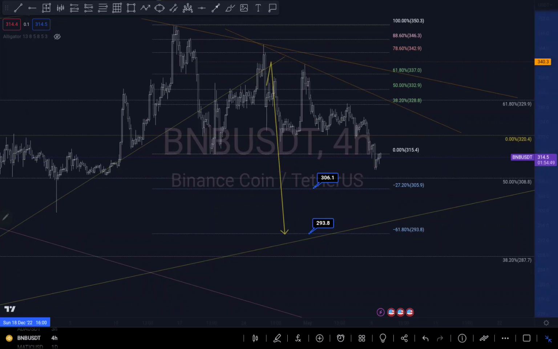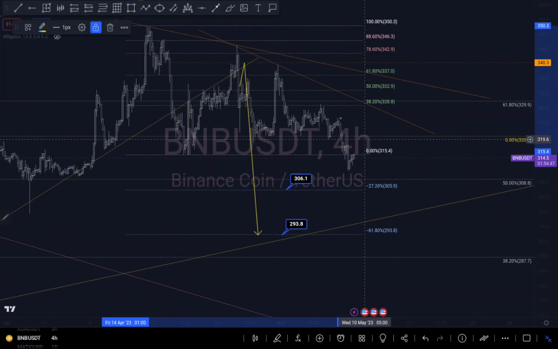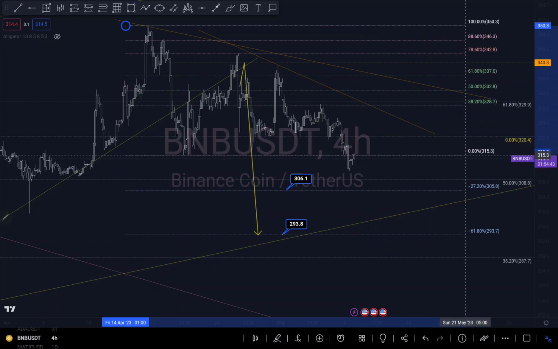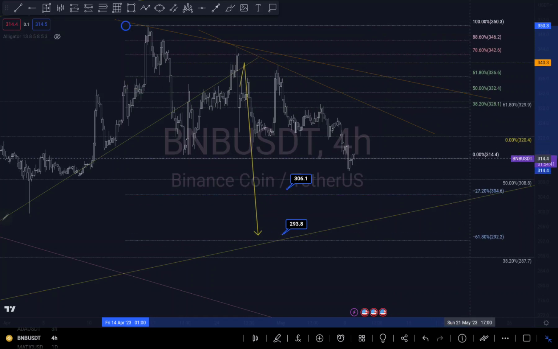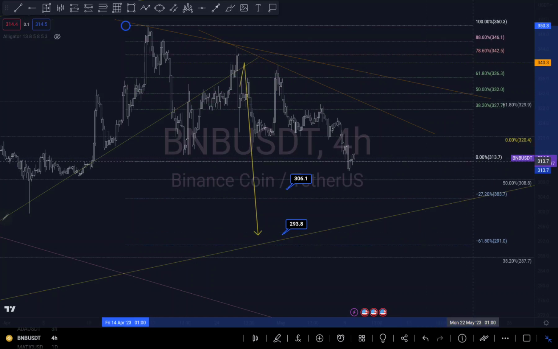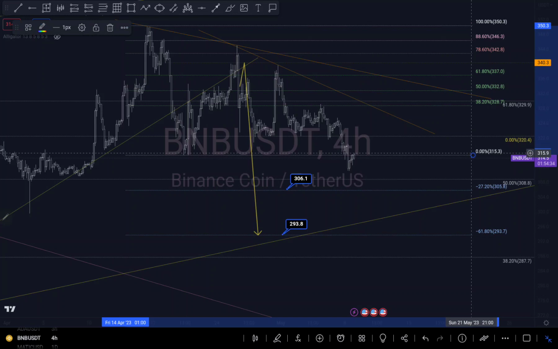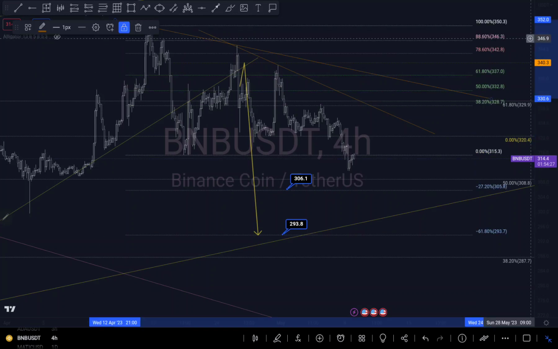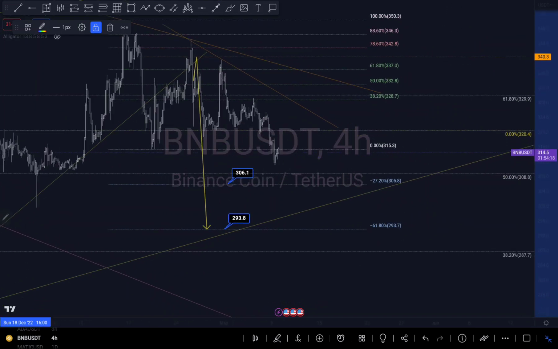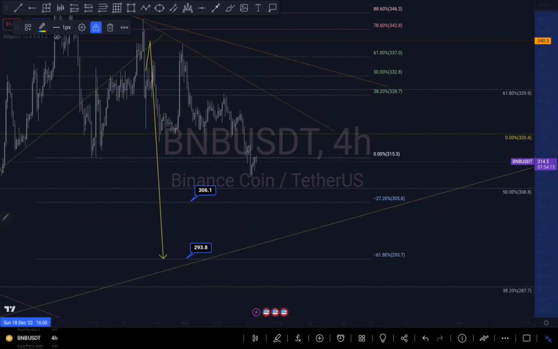So what I was saying, I'm saying more of a sell to the downside as predicted until we get to my target. So let's see if we get to the target, to see what next after that.